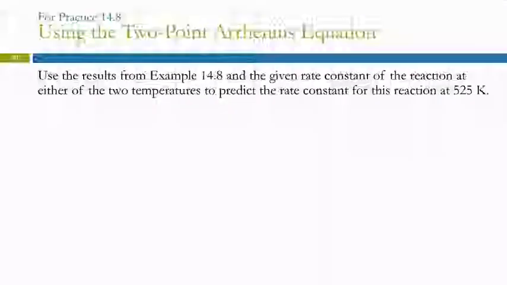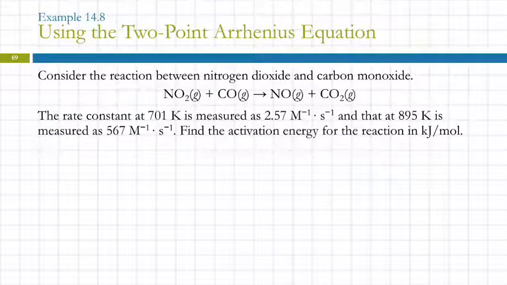Okay. Example of using the two-point form. Consider the reaction between nitrogen dioxide and carbon monoxide. The rate constant at 701 Kelvin is measured as 2.51 1 over molarity second, and at 895 Kelvin it's measured as 567.